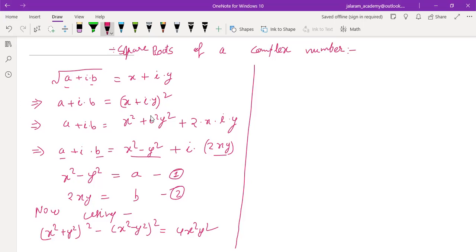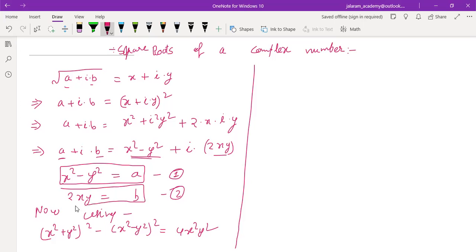Using a plus b whole square, it is x square plus i square y square plus 2x into iy. So a plus ib equals, the value of i square is -1, so x square minus y square plus i into 2xy. Now comparing both sides, the real parts, a equals x square minus y square is the first equation. Is that clear to you? And 2xy equals b is the second equation.